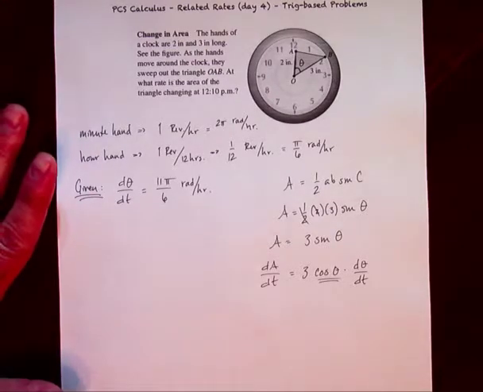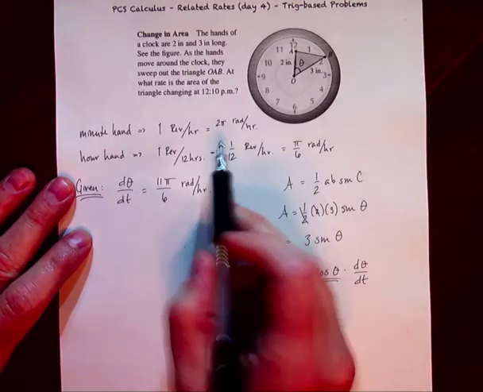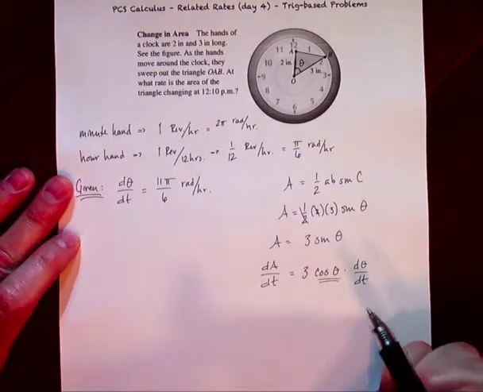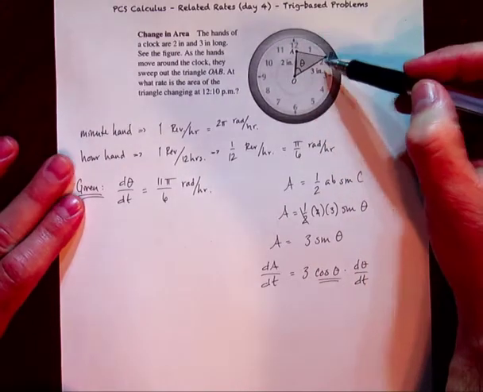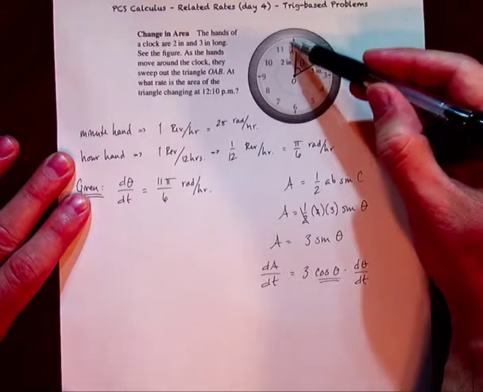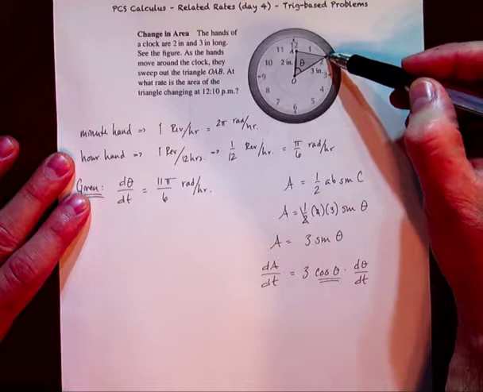Well, you know that it sweeps out pi over 6 radians per hour and 2 pi radians per hour, you already know how far the minute hand is, right? The minute hand over here has swept out from the 12 pi over 3, right?